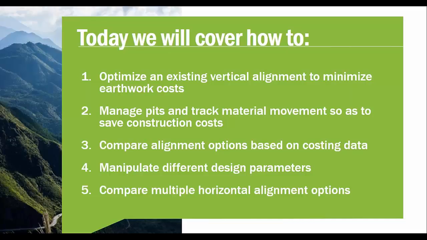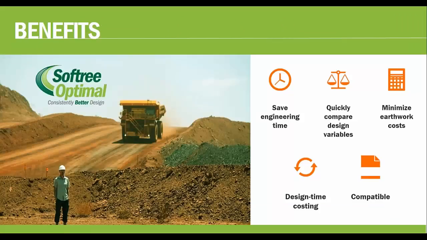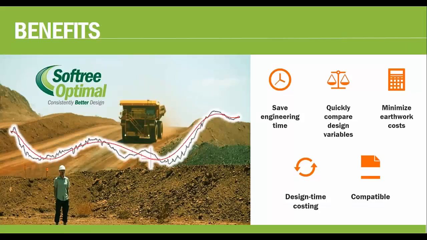So Optimal is a very dynamic and powerful tool that can allow you to achieve some very interesting benefits, including saving your engineering time. As I mentioned, we're talking about seeing a vertical alignment generated in a matter of minutes versus considerably longer if you're hand engineering that. The ability to quickly compare design variables and minimize your earthwork costs.